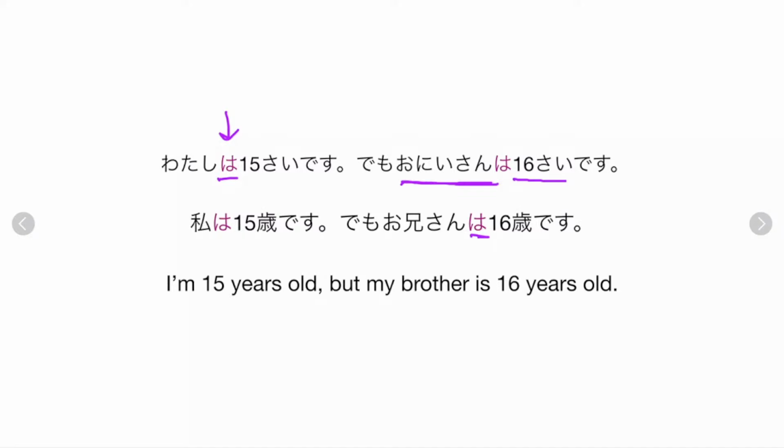But from the second sentence, you're going to contrast the first one. It will be wa. So you change the topic. It's like, yeah, I'm 15, but as for my older brother, which is why it's wa, he's 16. Okay?